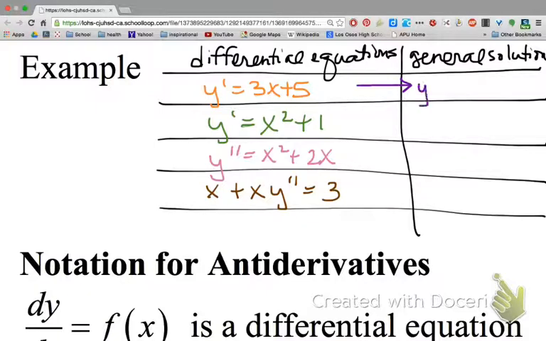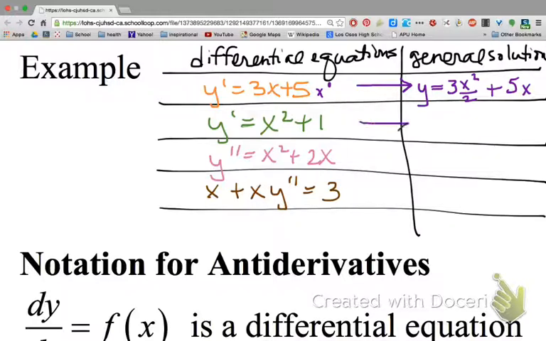Remember, I'd be powering up, so that would turn into an x squared and divide by the new power. The coefficient stays in front, and now remember this before was x to the 0, even though we didn't write it, so now it's going to be x to the first, and divide that by 1.